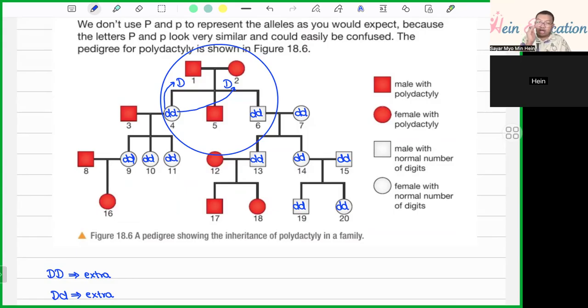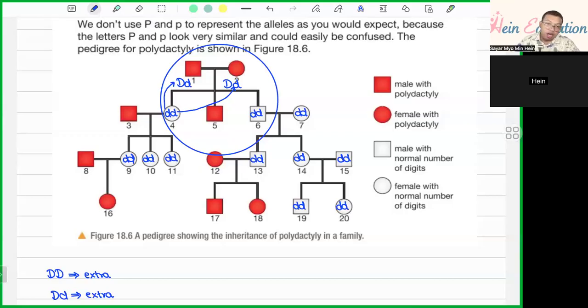But offspring 4 and 6 are normal, with small d, so it has to come from their parents, one from the father and one from the mother. That's why we can decide that parents 1 and 2 are both heterozygous. They both have capital D, small d. That's how we have to process it.